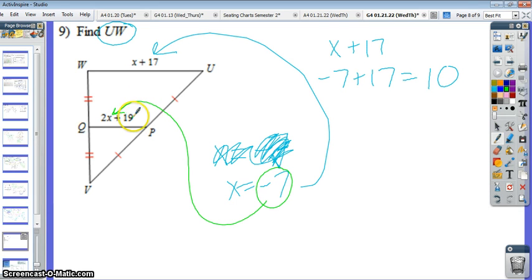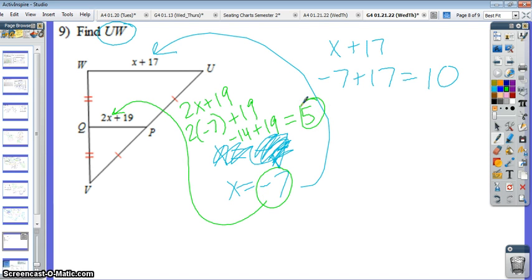Because the midsegment should be half of this. The midsegment QP should be half of UW. So let's plug this x value, -7, into there and see what we get. -14 plus 19. Oh, sweet, it's 5. If this is 10 and this is 5, that makes sense.